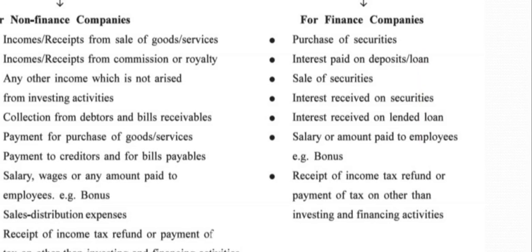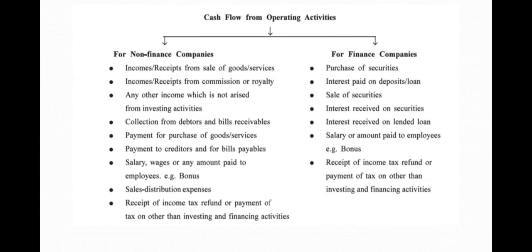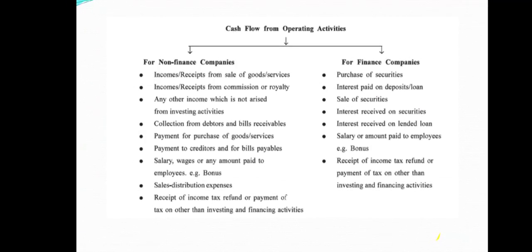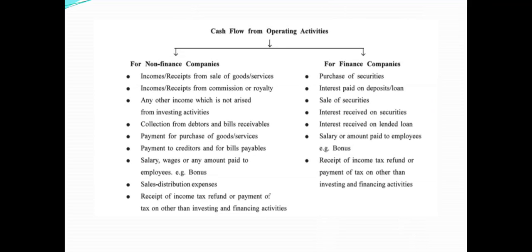So purchase of securities, interest paid on deposits or loans, sale of securities, interest received on securities, interest received on loans lent, salary or bonus paid to employees, receipt of income tax refund or payment of tax other than on investing and financing activities are operating. So friends, this was about operating activity in detail. Also, when we do practical sums, you will come to know more about it.